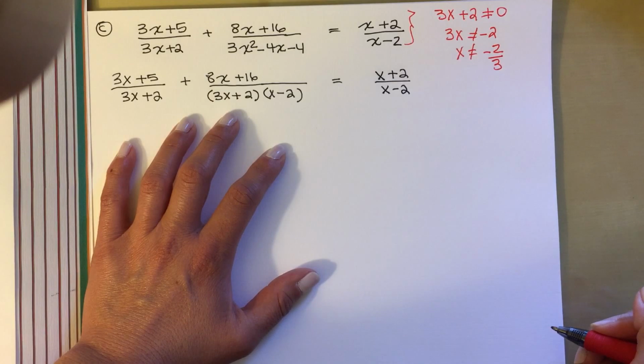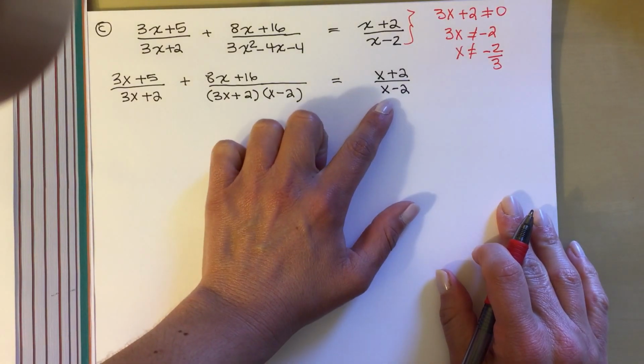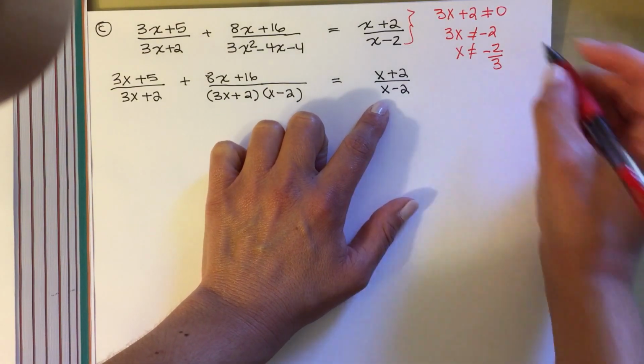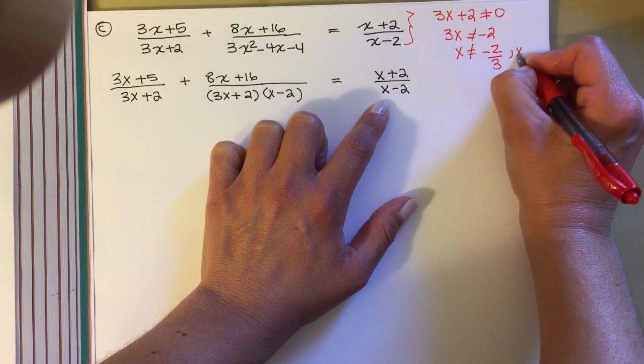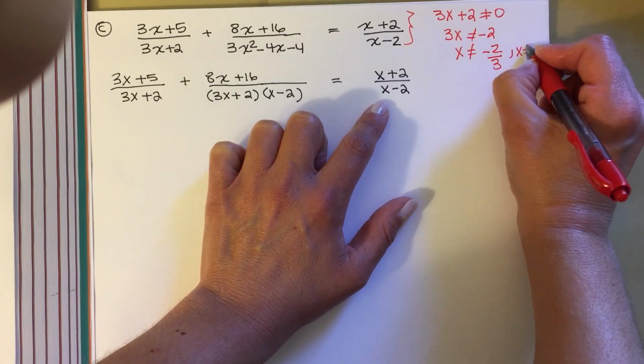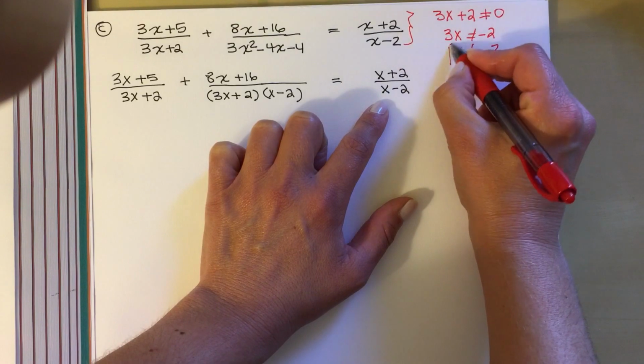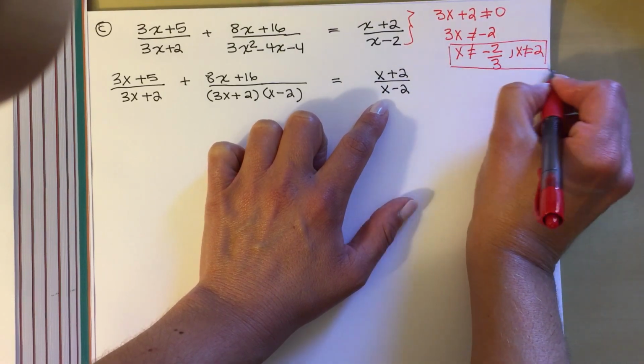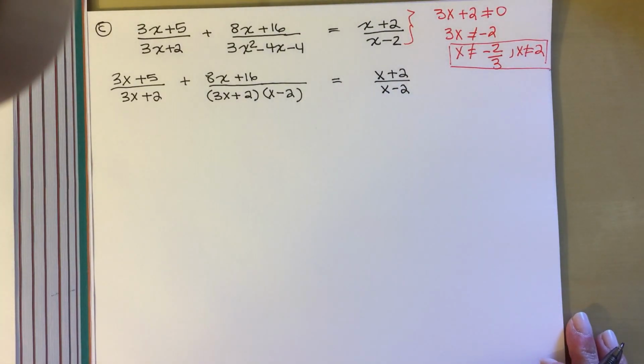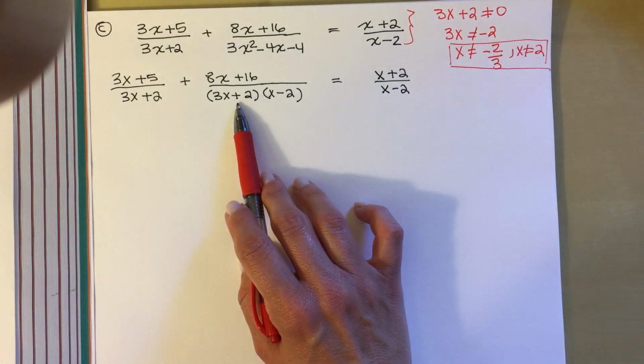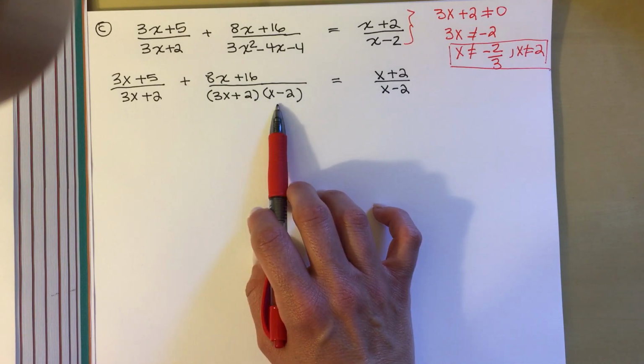That is one restriction. The second restriction for x minus 2, I know that x cannot be 2. So these are the two restrictions. Our LCD is going to be exactly what we have here. 3x plus 2 times x minus 2.